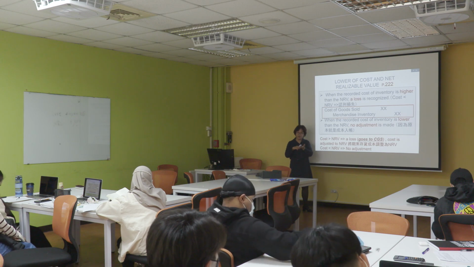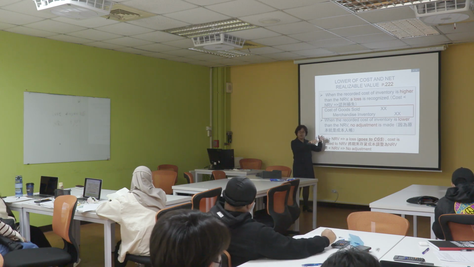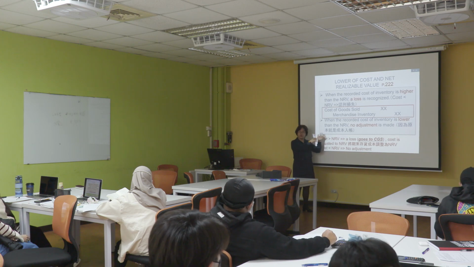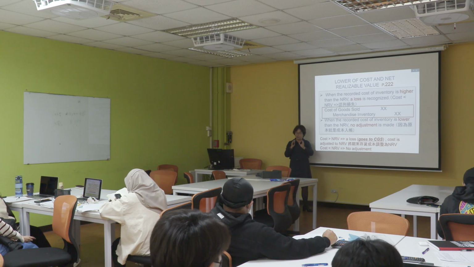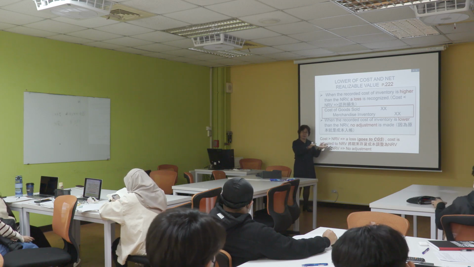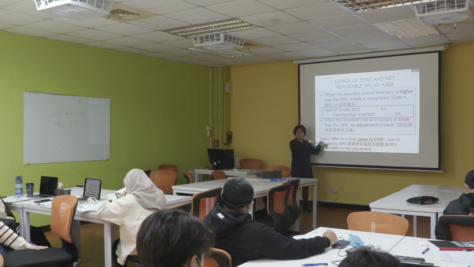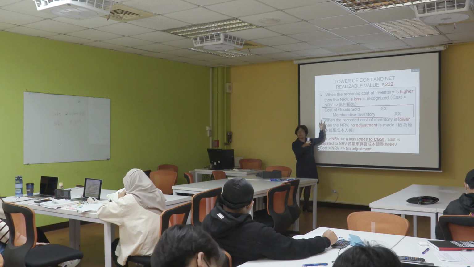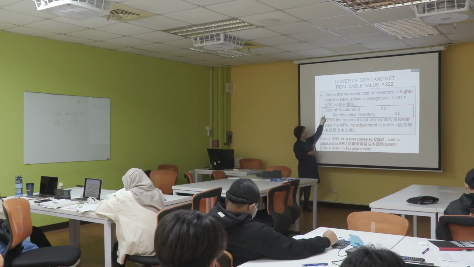Whenever your gross profit is going up, it means your manufacturing department and purchasing department are doing a good job. When your gross profit compared to the past is dropping, something is wrong internally. So whatever the reason, original cost down, then they go to cost of goods sold.